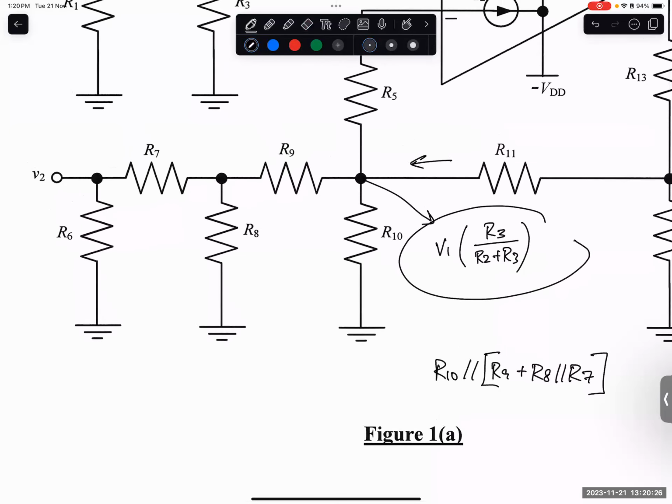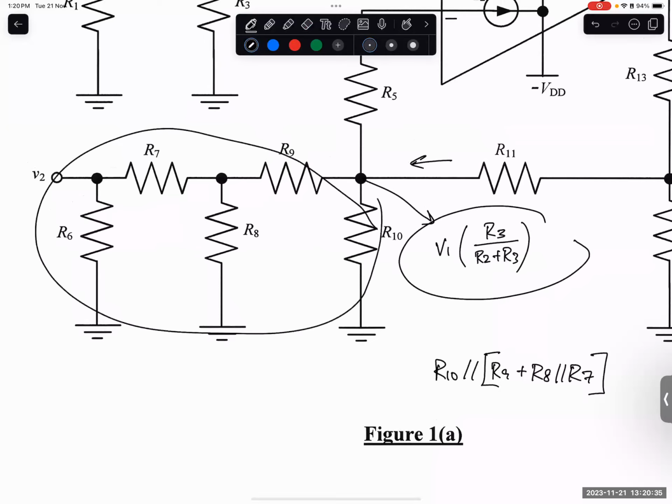This is the current. You just divide by this, which is the resistance.